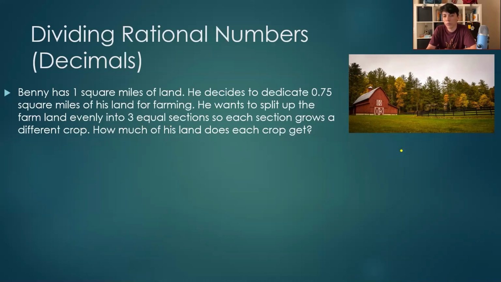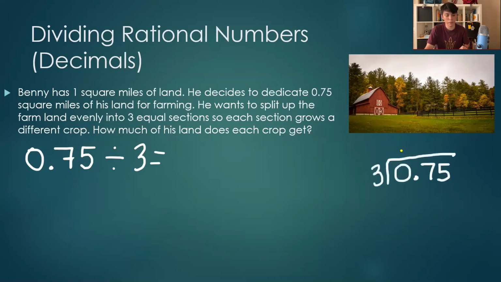So we're working with 75 hundredths of Benny's land, and he wants to divide it into 3 equal sections. So I like to divide decimals using the long division algorithm, just because it's easier to visualize for me. So I just rewrote the dividend here.